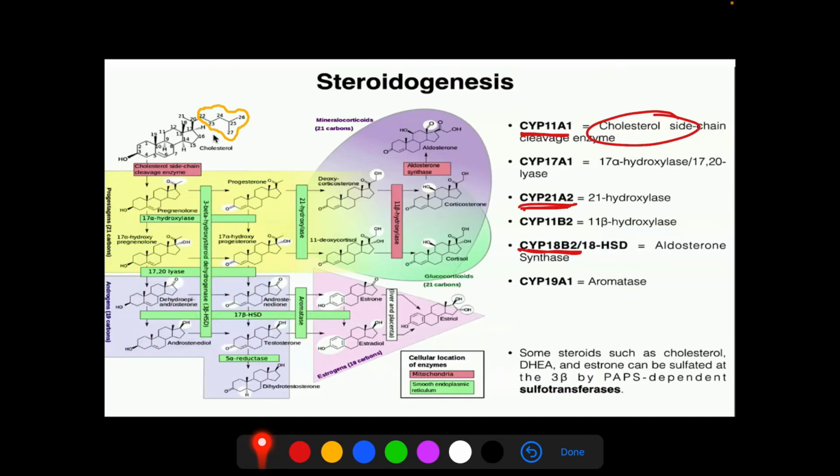So you cannot see a ketone tail there, and that's the characteristic feature of these hormones.